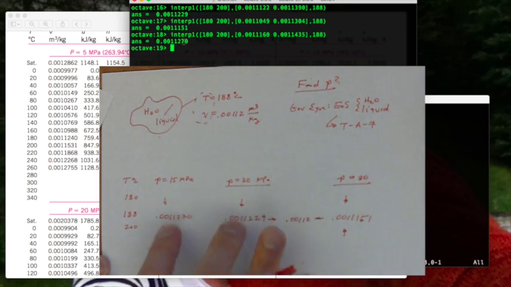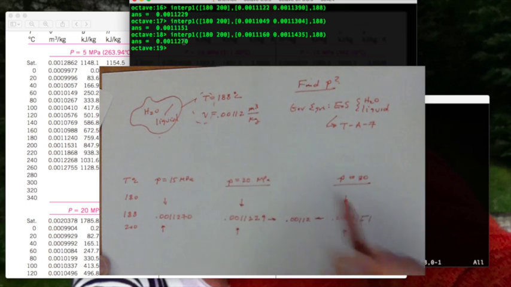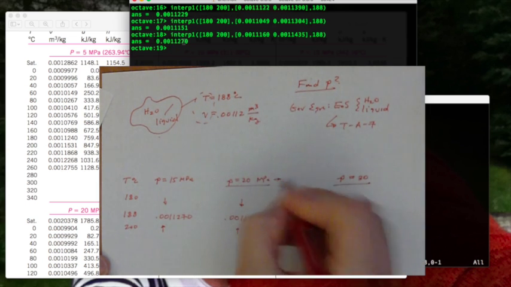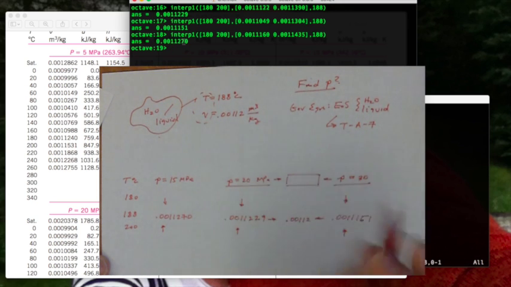Whereas if I tried to do some kind of mathematical extrapolation between these two values, this value doesn't lie in between them, so it would be extrapolation. I wouldn't be between nearest neighbors, and so my answer wouldn't be as accurate as it really needs to be if I'm going through the trouble of using the tables in the first place.